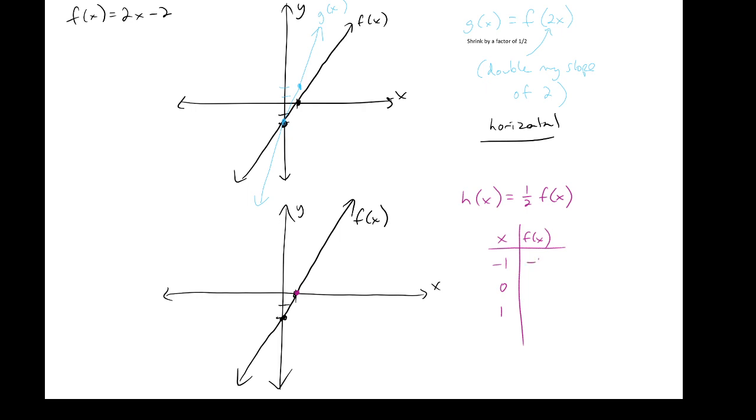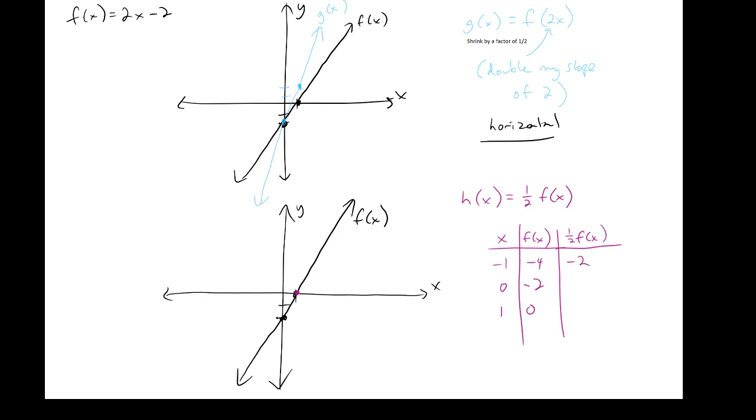And that's going to be -4. 0 is going to be -2, right? I'm inputting back up here, right? Into that. 1 is going to be 2 times 1 minus 2, which is going to be 0. But what I want to do here is I want to do the 1/2 of the f of x. So just take half of all of those values.